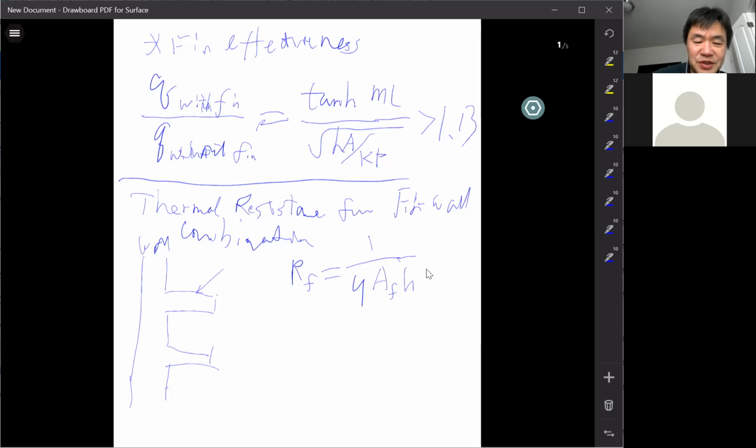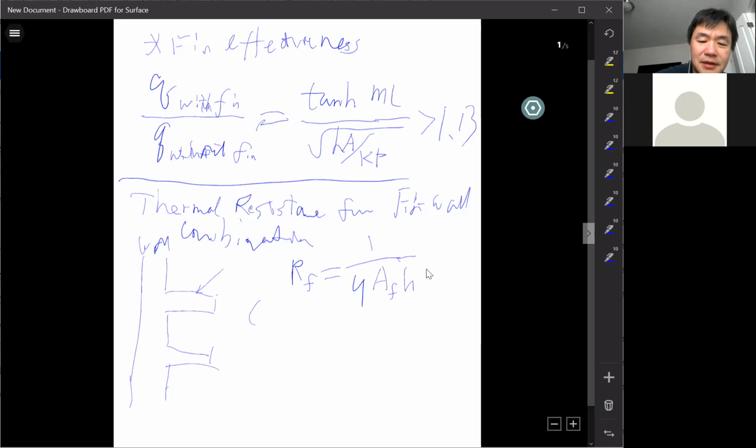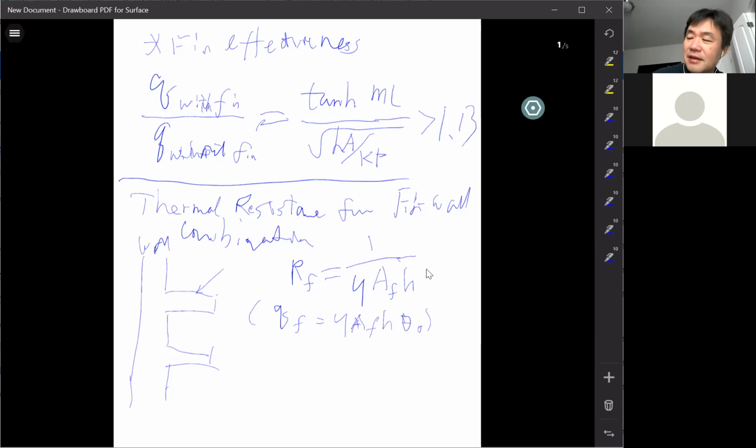The fin convection through the fin. You know the total convection rate is the efficiency times AF, where AF is the surface of the fin, times H, the convection heat transfer coefficient, and theta 0, the base temperature minus the ambient temperature.